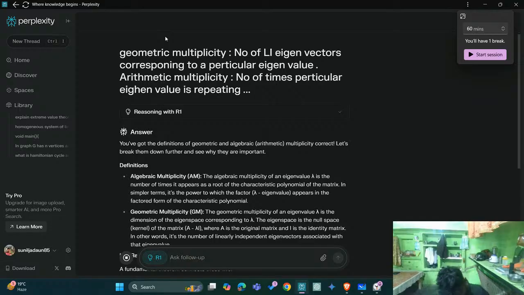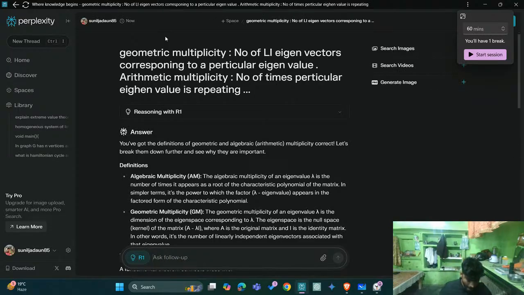Yeah, this is correct. Let's say an eigenvalue is 2. So for 2, let's say 2 repeats 3 times. Alright. So there is a possibility that corresponding to eigenvalue 2, we can get 3 linearly independent solutions, or we can say eigenvectors.